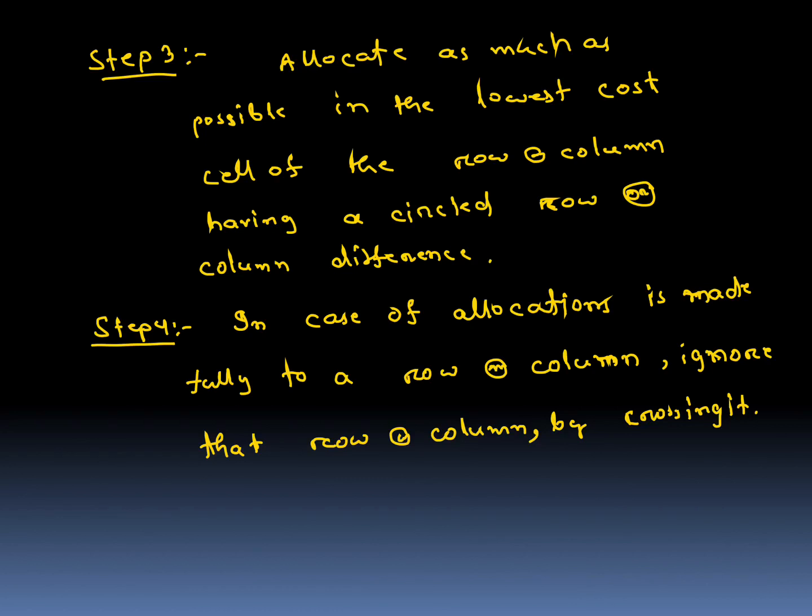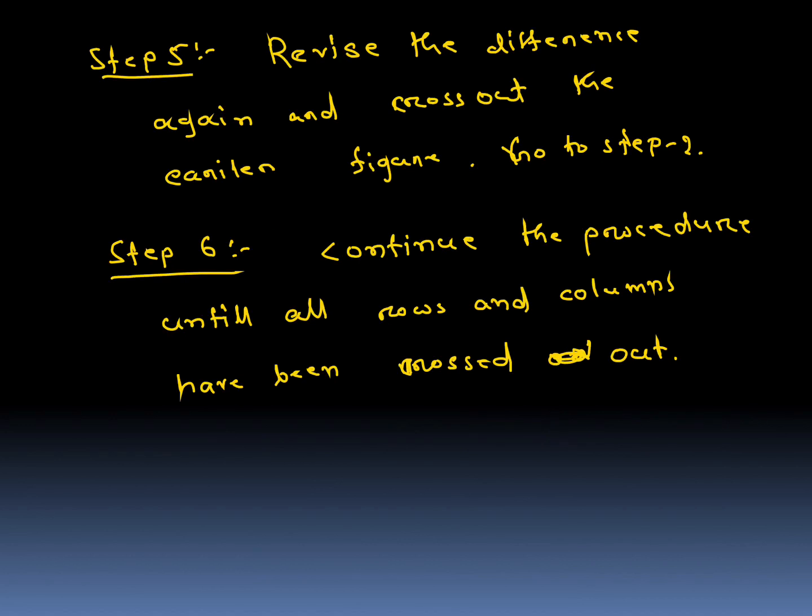If you allocate fully in a row or column, the other cells you can cross. Step 5, revise the differences again and cross out the earlier figures. Go to step 1. Again from step 1 you have to start. Then in step 6, continue the procedure until all rows and columns have been crossed out.